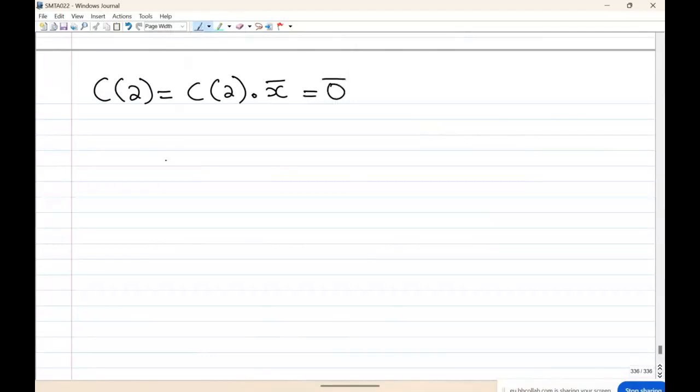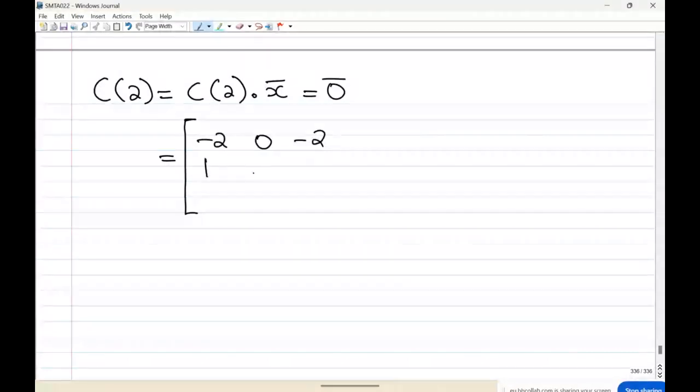Then you'll come here and say you are going to have -2, 0, -2. And then you have 1, and then 0 in the middle and then 1? You'll have 1, 0, and then 1. Is it 1 here? Can I get yes from you? Yes, sir.